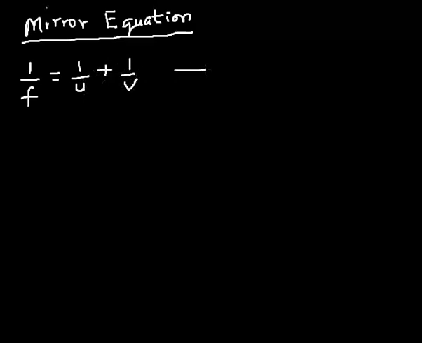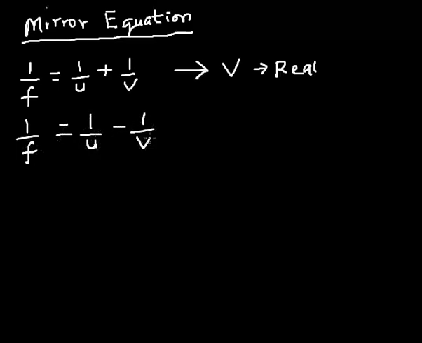That is when the v is real. But when you have 1 all over f equals 1 all over u minus 1 all over v, it simply means that the v is virtual. Now the question is, when do I really know if the v is virtual?